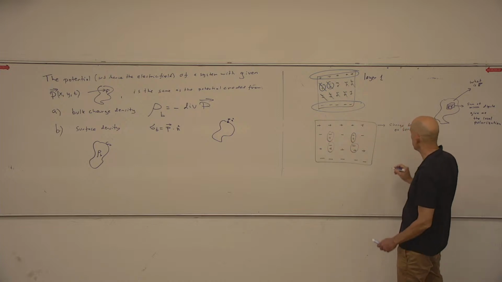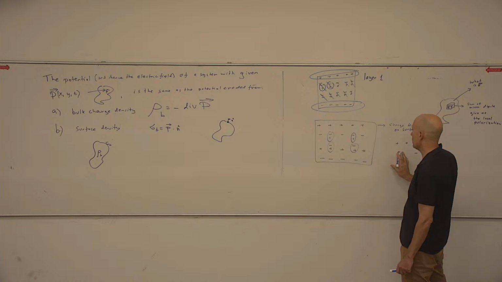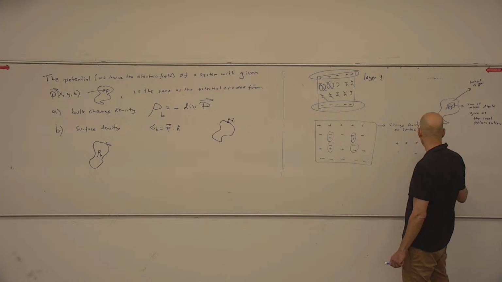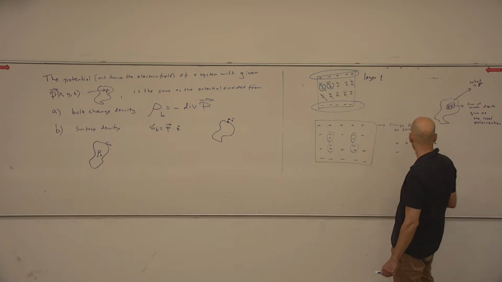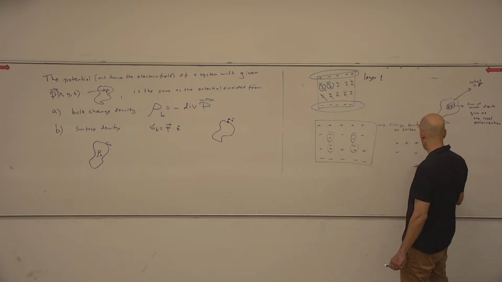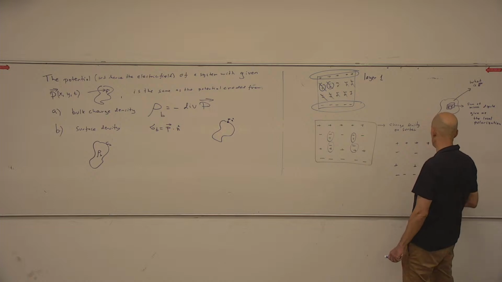So effectively, the system is like this: plus, plus, plus, plus. Here we have minus, minus. Sorry, plus, minus, minus. And here I have plus, plus, plus, minus, minus, minus, minus, minus.